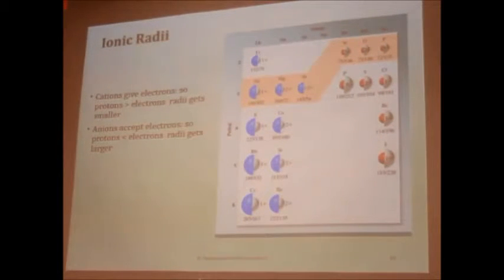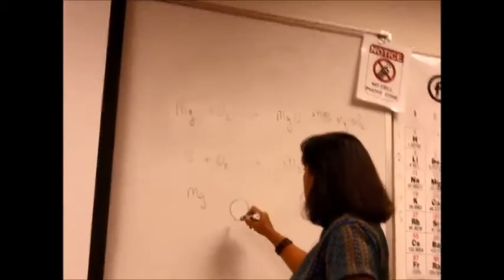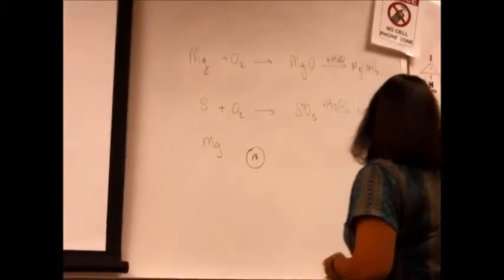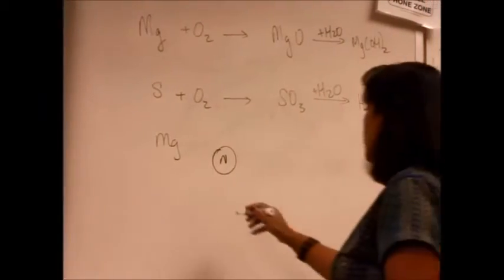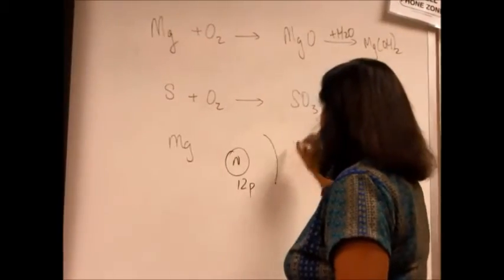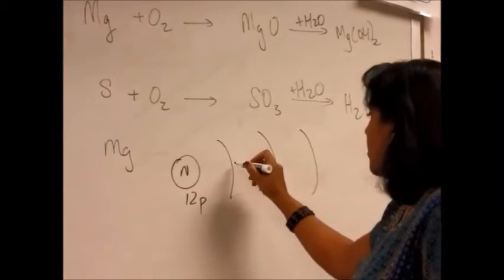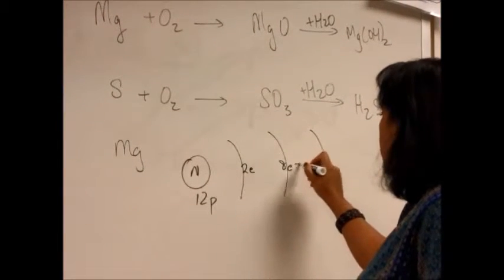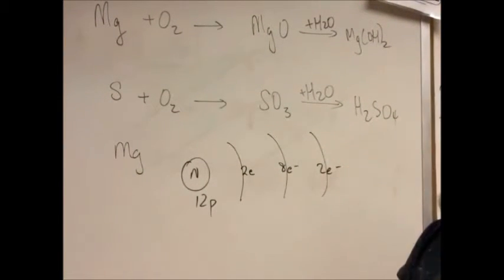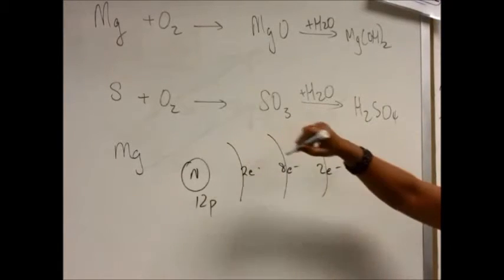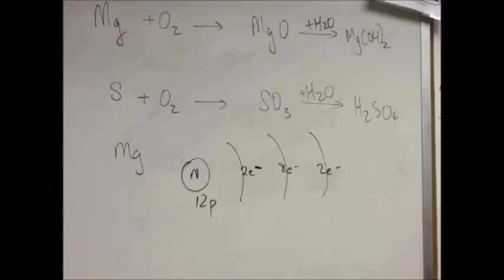So for example, if you have magnesium, I don't know why I like magnesium today, but it's fine. Magnesium has 12 protons and 12 electrons. So 2 here, 8 here, and 2 electrons over here. Correct? So this is what's going on in a neutral atom.